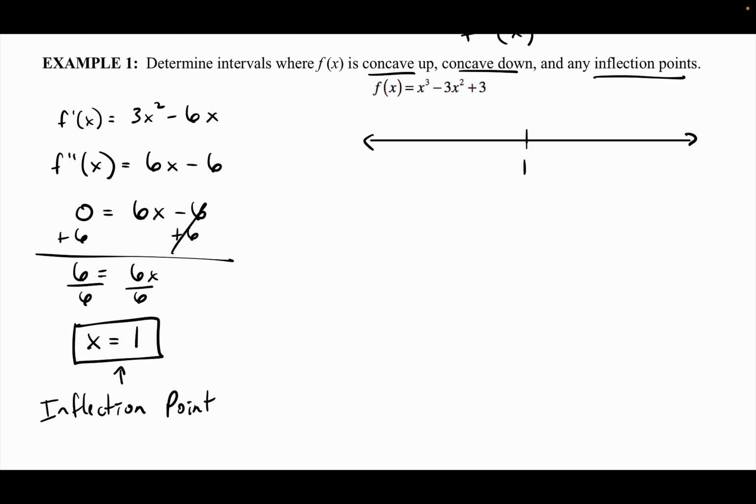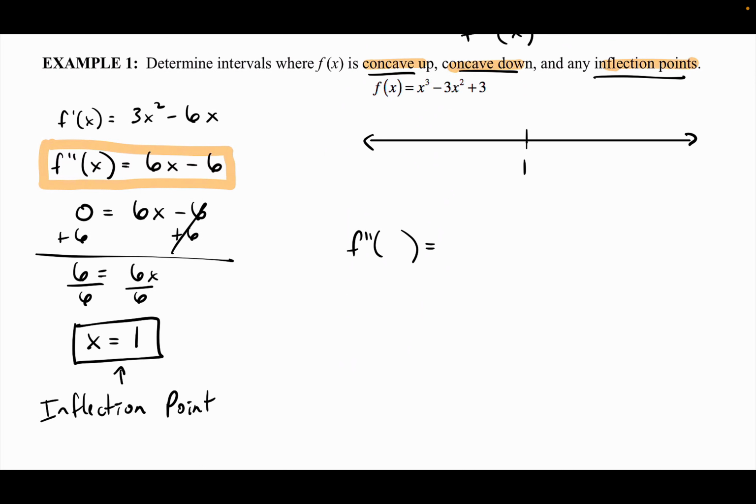This is the second derivative test for concavity, so we're going to use the second derivative. If we were checking for increasing, decreasing, that would be the first derivative. But this is concavity.